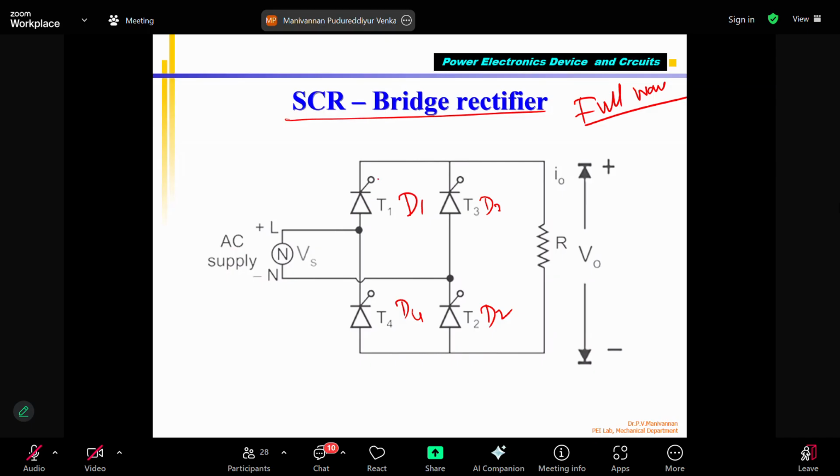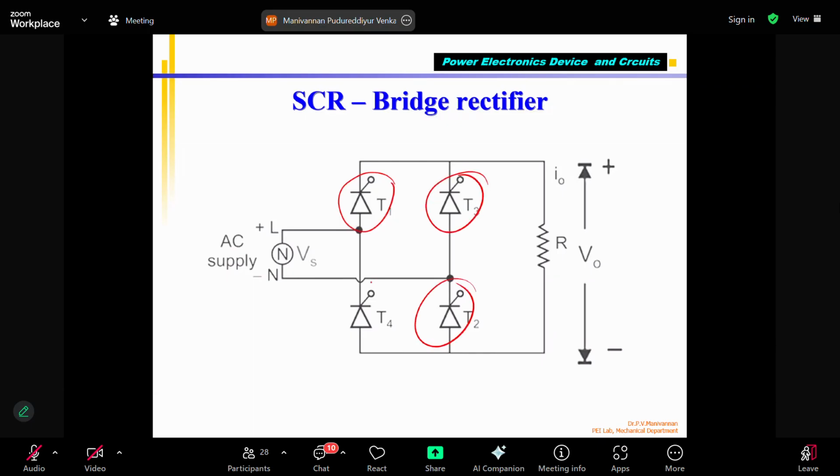T1 means thyristor. Instead of the diode bridge rectifier, I replace them with 4 SCRs, and for the 4 SCRs I have to give VG1, VG2, VG3, and VG4.